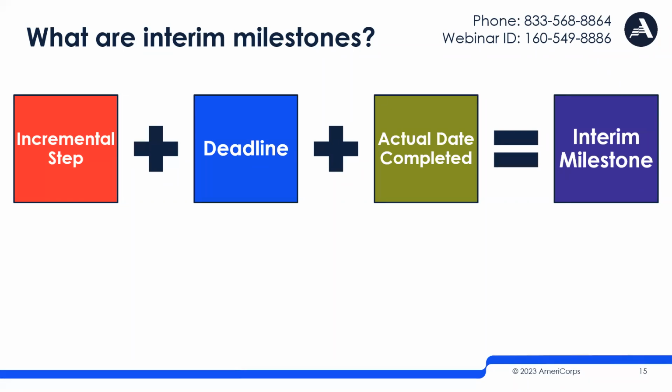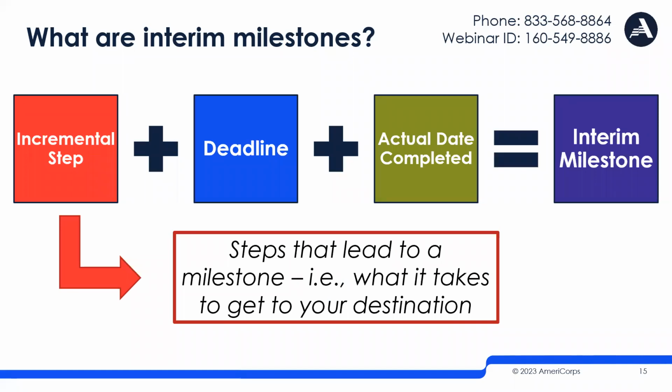And the equation that you see on screen in front of you is the equation to create an interim milestone. An incremental step, which means a slice of work that needs to occur to get to a bigger milestone, plus the deadline, the timing for when that step has got to be completed, plus the actual date that step was completed.